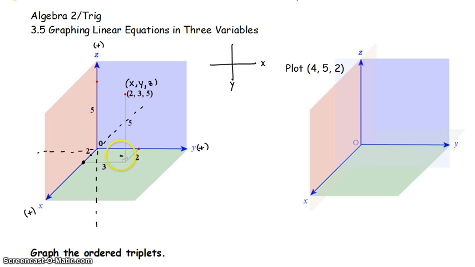Well, here's my y, so I go right 1, they're actually a little bit bigger, 1, 2, 3. So now I've gone x 2, y 3, and then my z is 5. So I'm going 1, 2, 3, 4, 5, and that is going to be the location of your point 2, 3, 5.